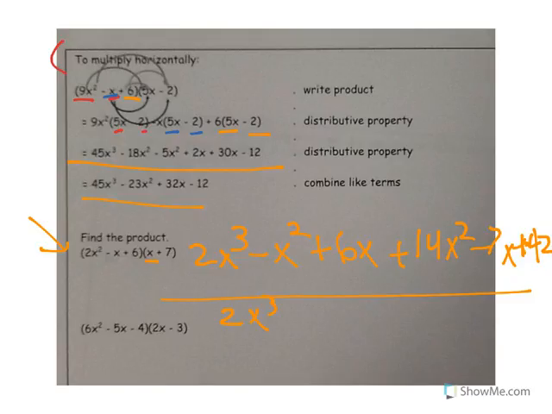Then we got 1x squared right here, and then another x squared right here. So we can combine those. We end up with plus 13x squared. Then we're going to combine this term with this term, and it's going to be then 6 minus 7, so it's minus x, and then we're just left with plus 42.